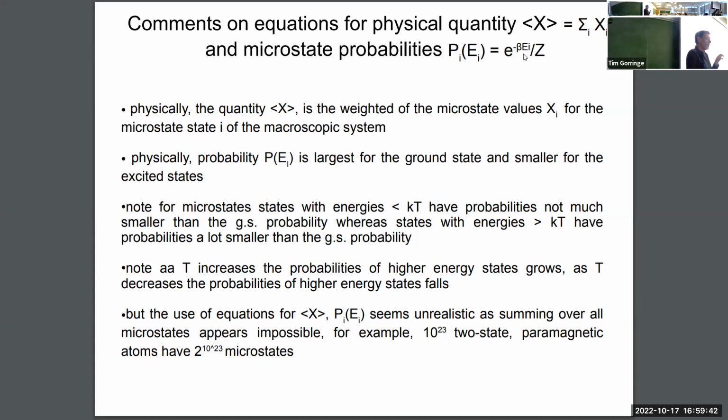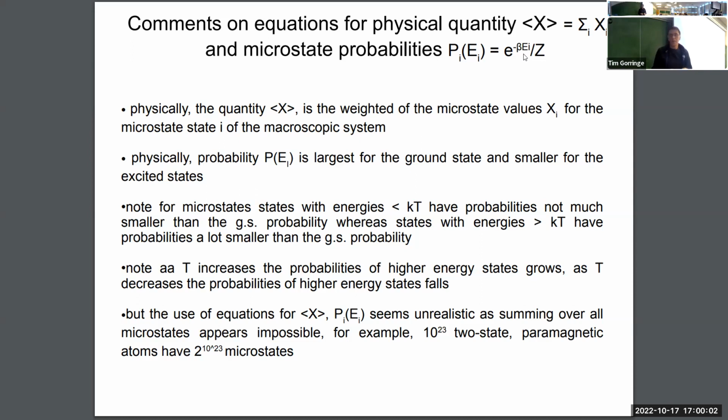That would be computationally extremely challenging. So whilst the equation is simple and relatively easy to understand conceptually, carrying out the calculation would be very, very difficult.